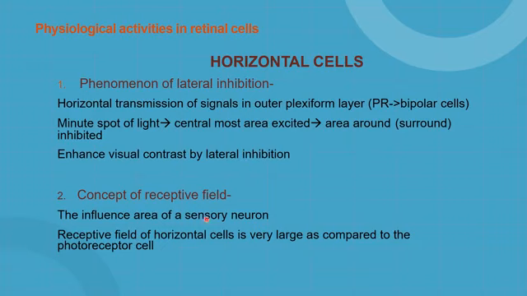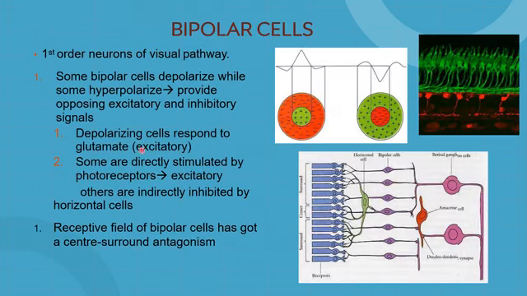And the concept of receptive field, again, is the influence area of a sensory neuron. It is very large compared to the photoreceptor cells. The bipolar cells are of two types. These are the first order neurons of the visual pathway. Some bipolar cells depolarize while some bipolar cells hyperpolarize. Bipolar cells provide opposing excitatory and inhibitory signals.